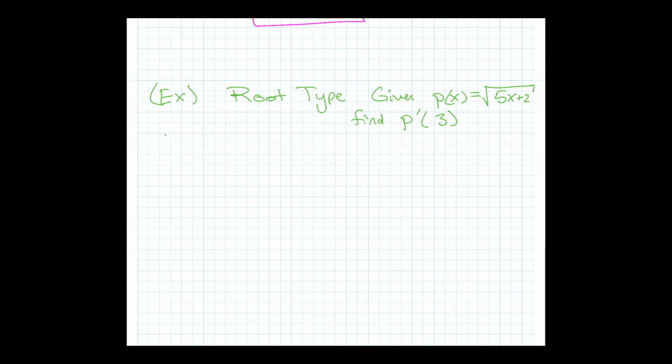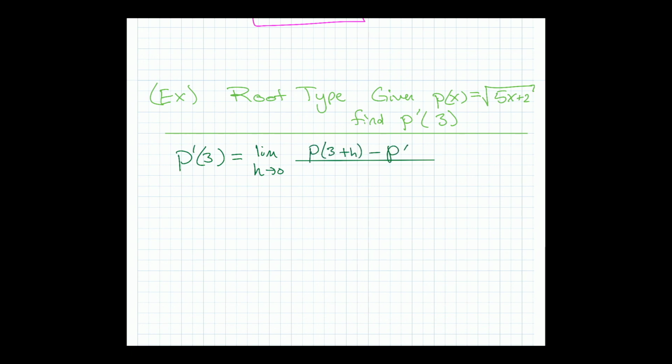Okay, so how are we going to do this? Again, you're going to start with that definition. So the definition for p prime of 3 is, should I be using a darker color? Hold on. P prime of 3 is the limit as h goes to 0 of p of 3 plus h minus p of 3 over h.